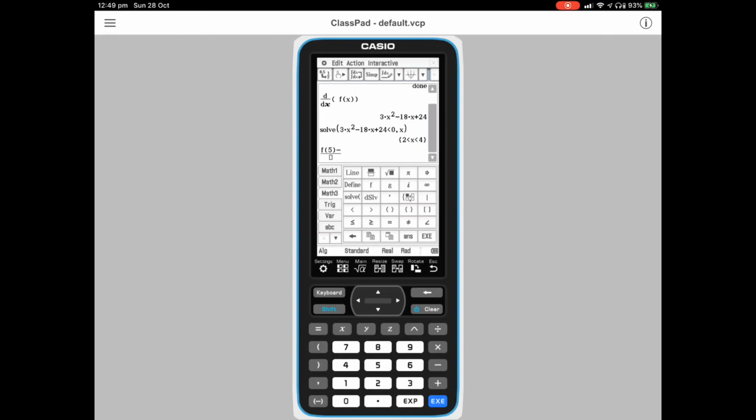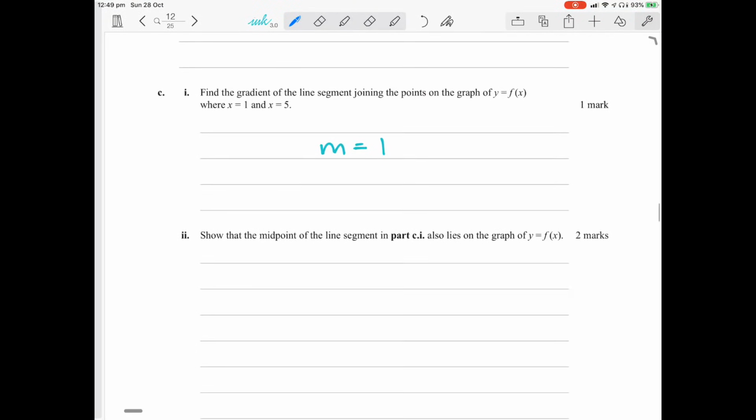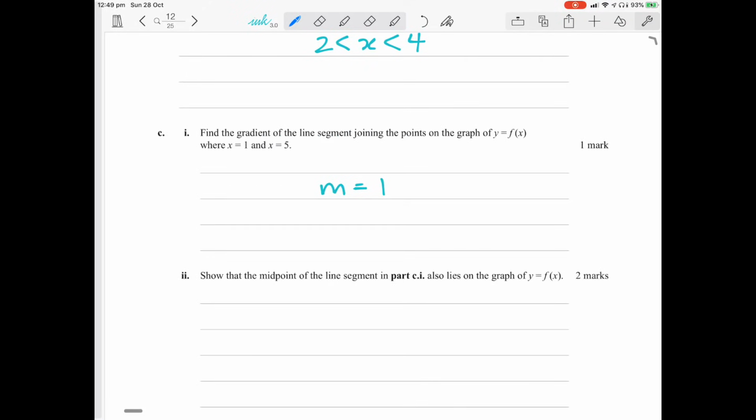F of 5 minus f of 1 on 5 minus 1, which is 4. So m equals 1.